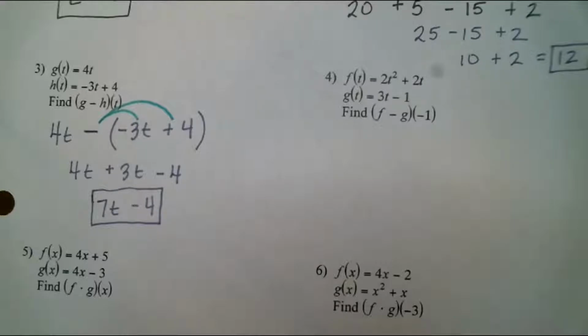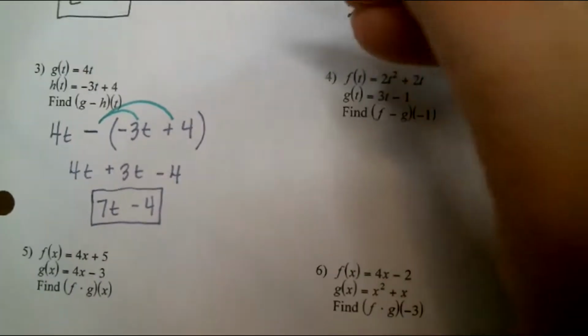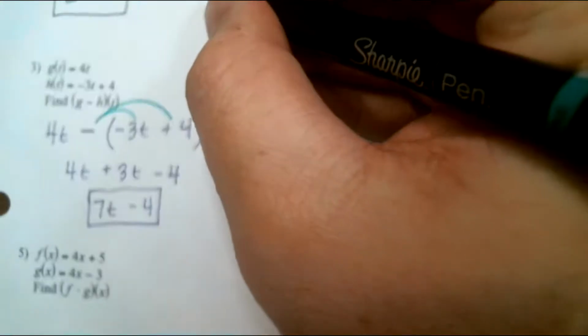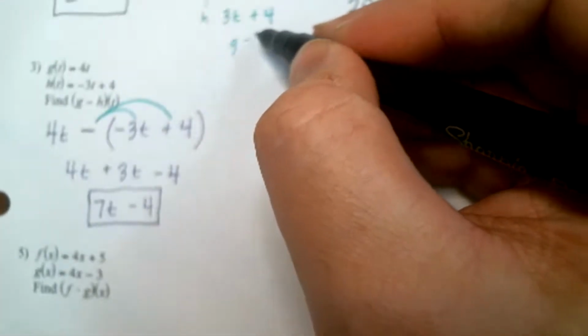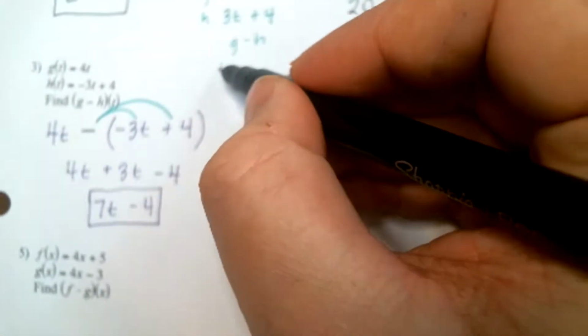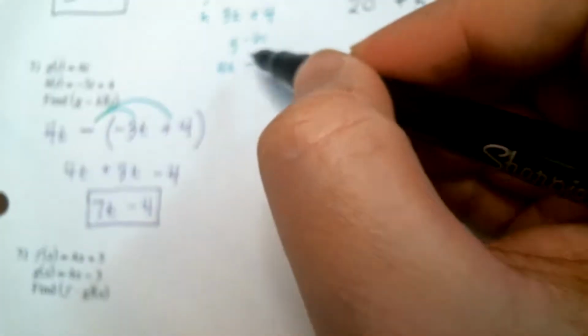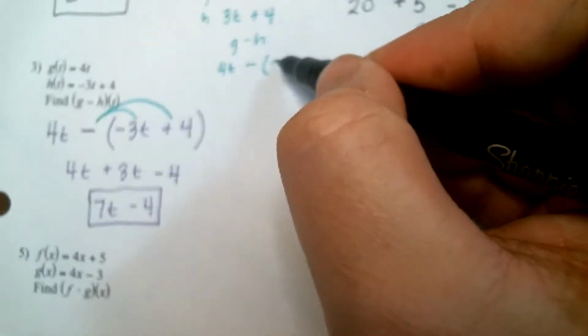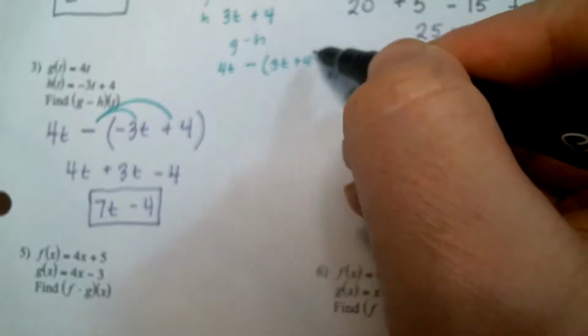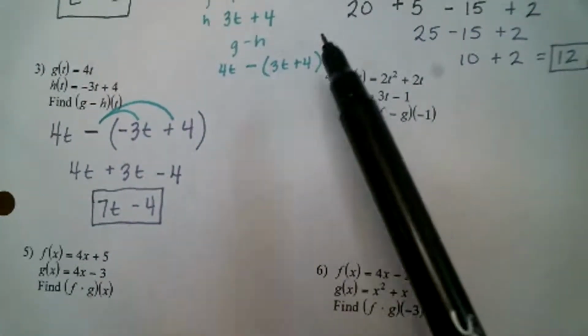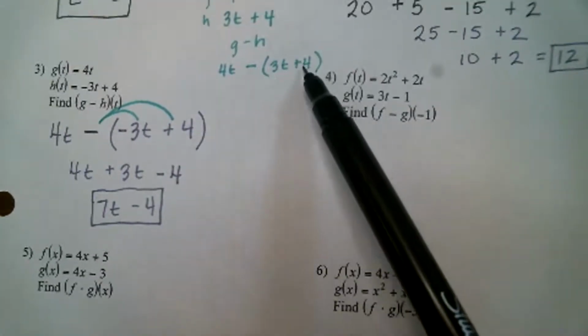Okay, so Abby's saying, what if 3t was positive? So let's say it was 3t plus 4. This is an example, and 4t. And let's say this was g, this was h, and it was g minus h. Then we would do the same thing. 4 of t minus 3t plus 4. And then we would distribute the negative in as well.